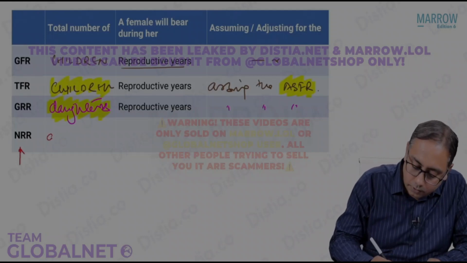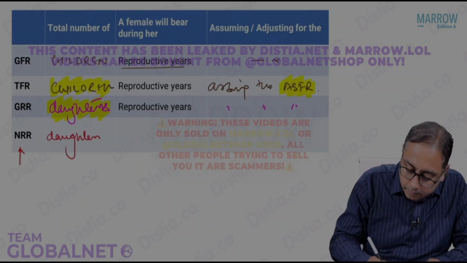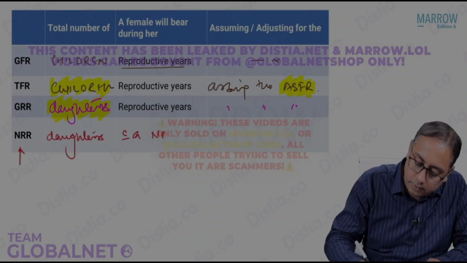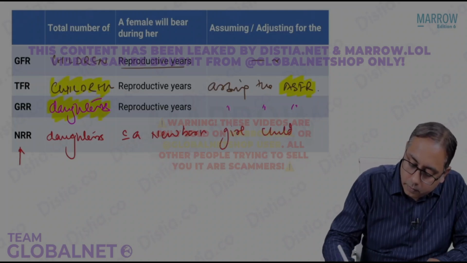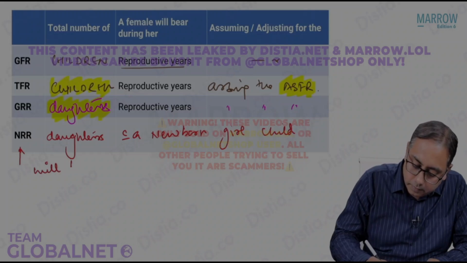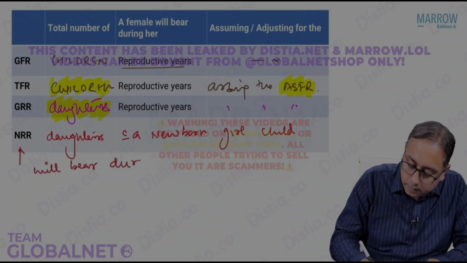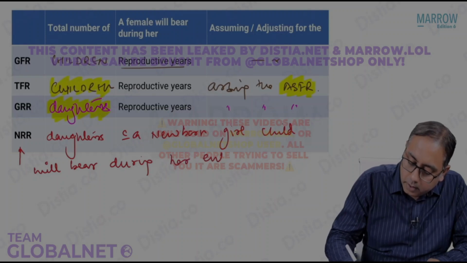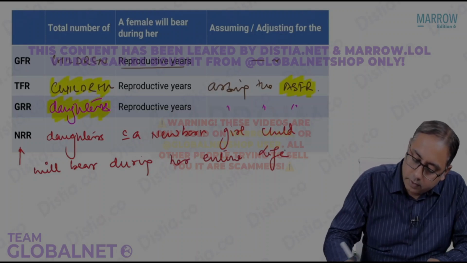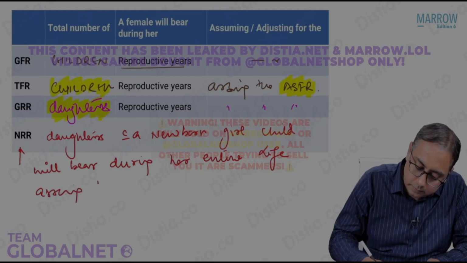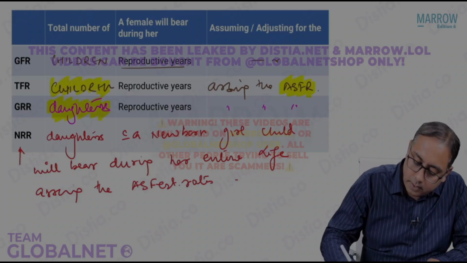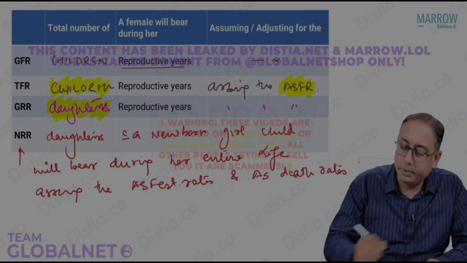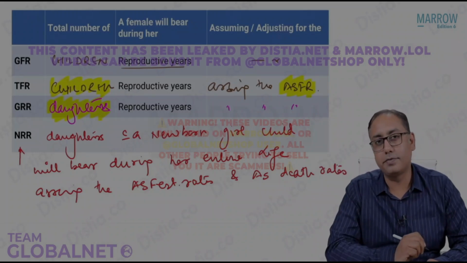It is the total number of daughters which a newborn girl child will bear during her entire life, assuming the age-specific fertility rates and age-specific death rates.